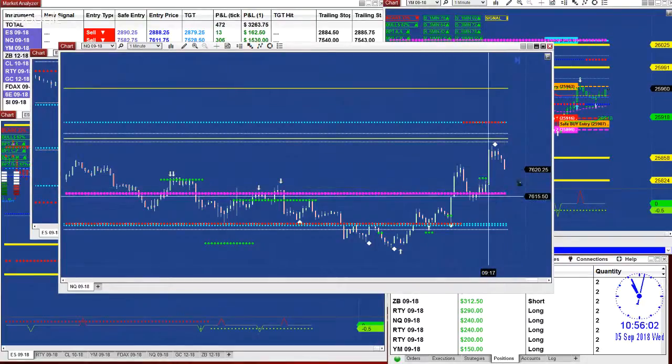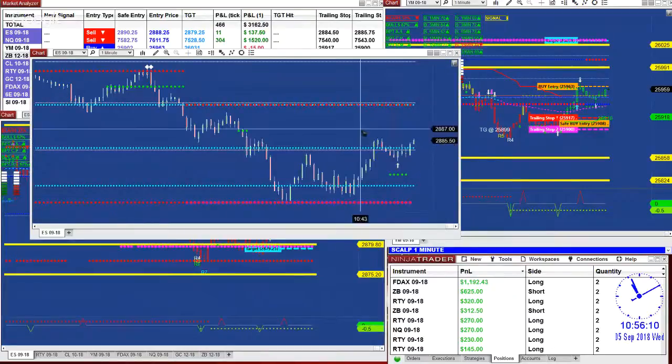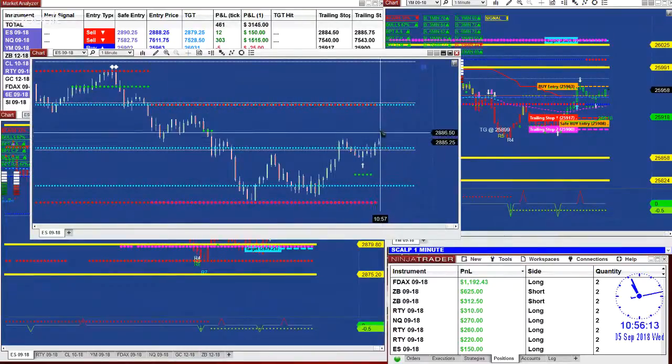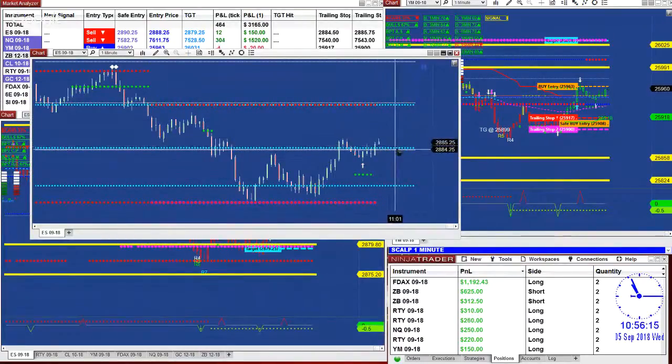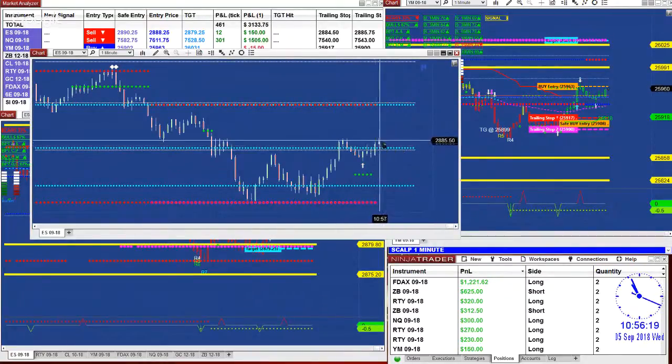This one is tradable. Right now, the ES and the YM are not tradable. Now, if this one here starts breaking out on the first pullback, okay, I will take this one. But right now, I will not touch this market at all.